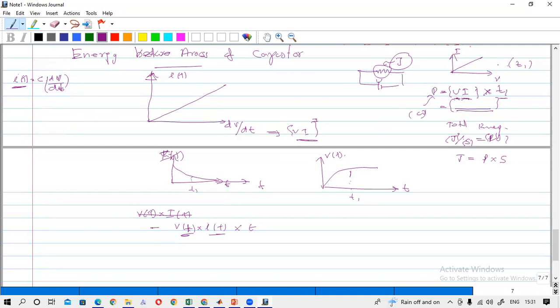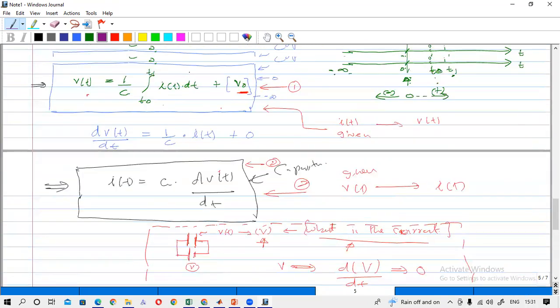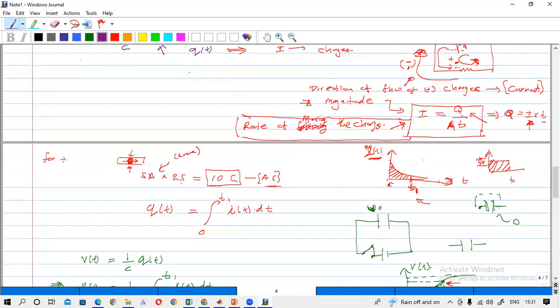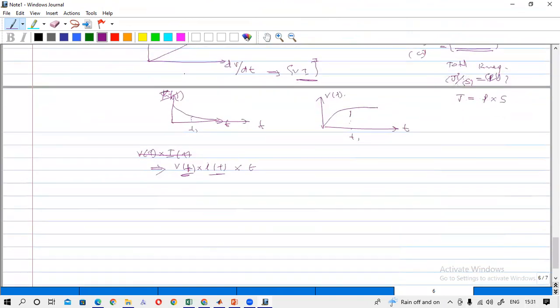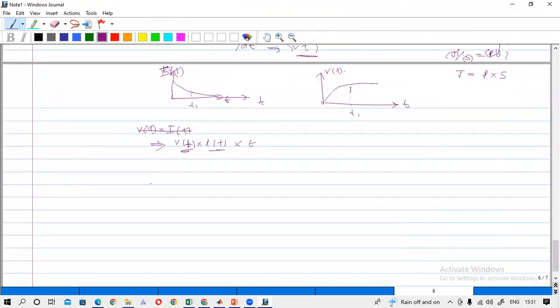So if you want to find the total energy in a capacitor, as I have explained here, you have to integrate this again, up to this T1.